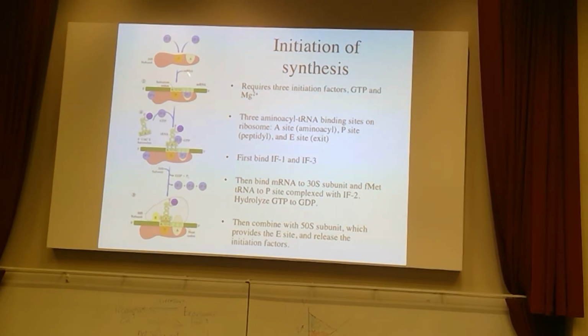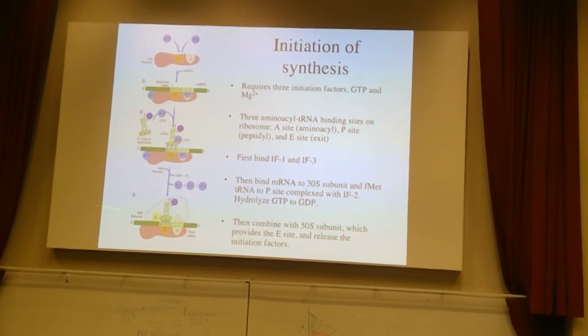So the peptidyl site, that's understandable because we make our peptide bonds at that peptidyl site. That's where the bond forming events happen. That's where the catalytic center is. The aminoacyl site, the A site, okay, that's where the incoming aminoacyl tRNAs initially dock onto the ribosome.